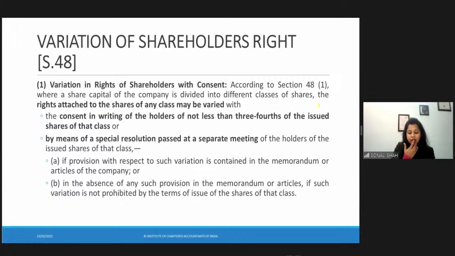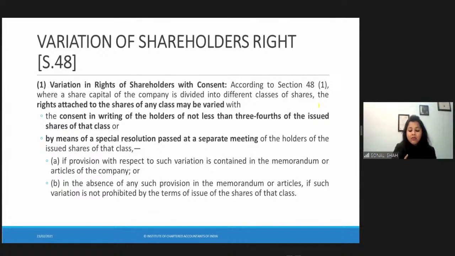Now, coming to the variation of shareholders' right. How can the rights of a shareholder be varied? We know there are different classes of shares. So the rights that are attached to the shares of any class can be varied.